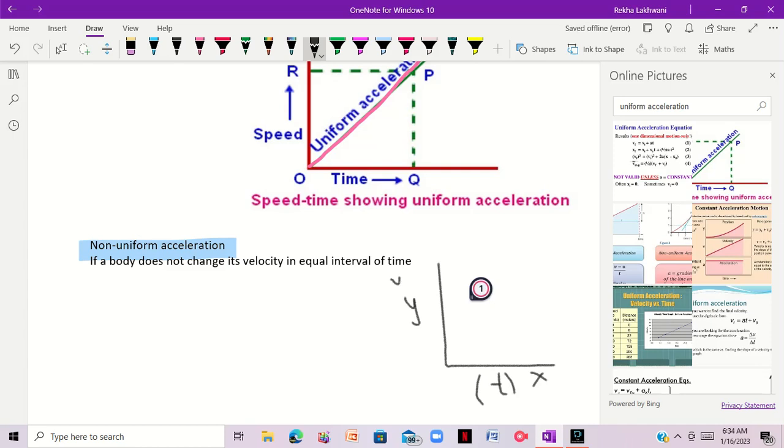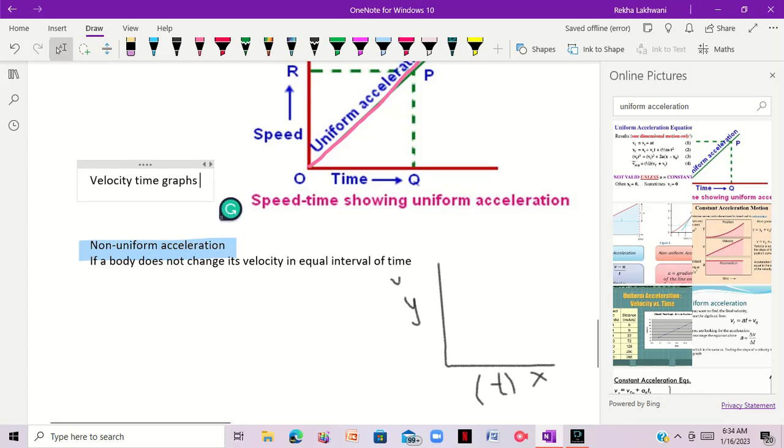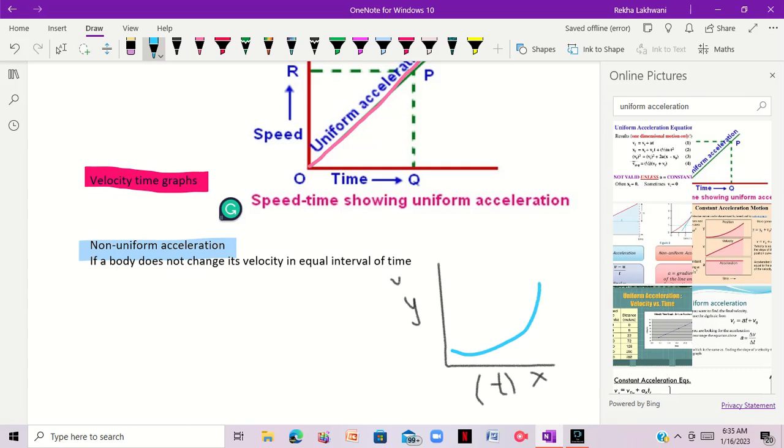One more important thing, that these graphs of acceleration are known as velocity-time graphs, right? So let's make the graph of variable acceleration, or you can say non-uniform acceleration. It is something like this, okay? Or it can be like this, or whatever you feel like, right? So parabola, hyperbola is up to you.